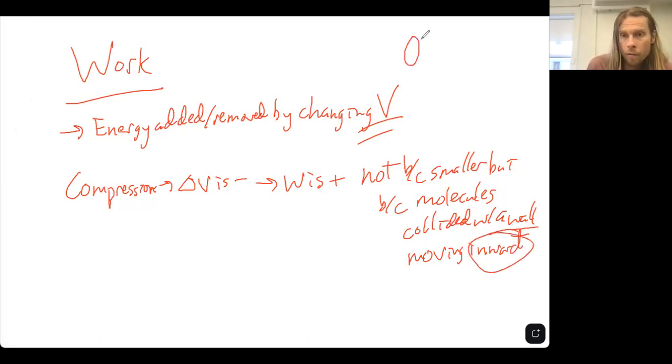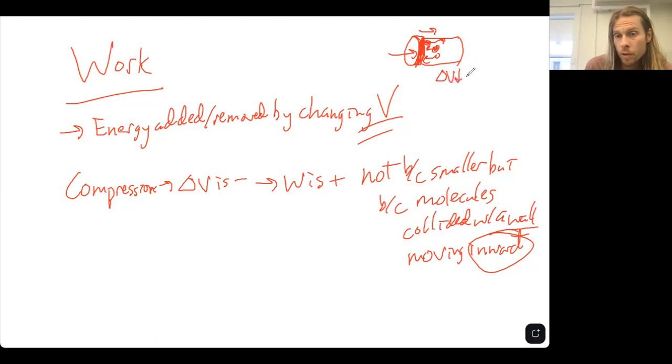So if I have a piston being pushed on some gas, this molecule is going to be hitting a moving wall. And therefore, it's going to leave with more energy than it came in. And because of that, the kinetic energy is going to go up.